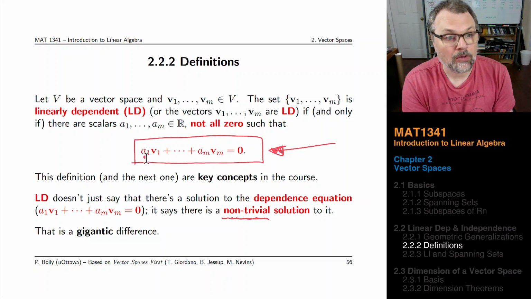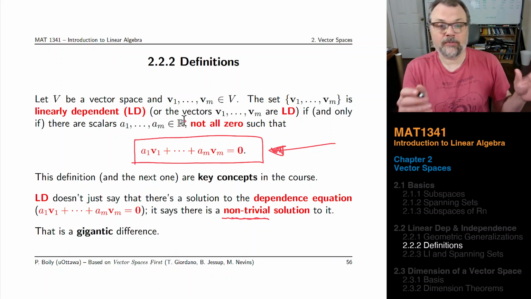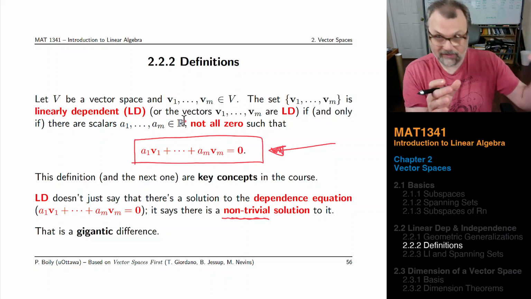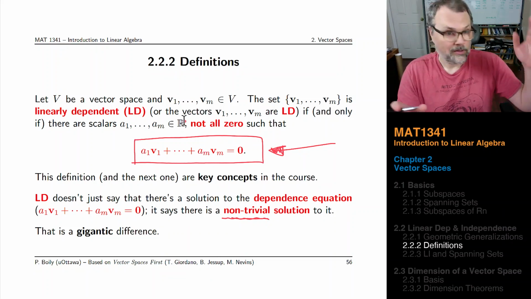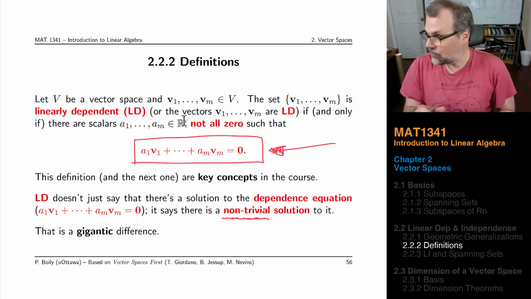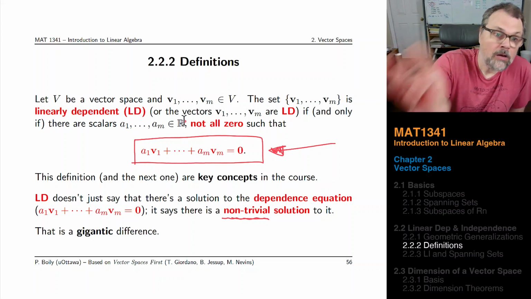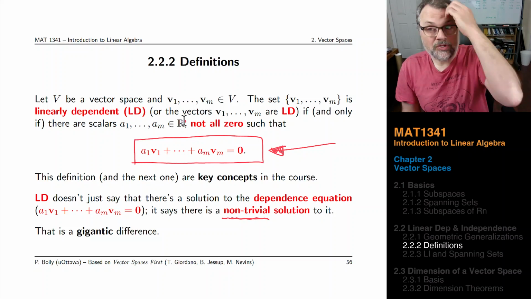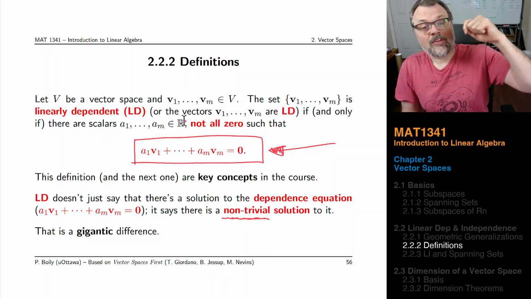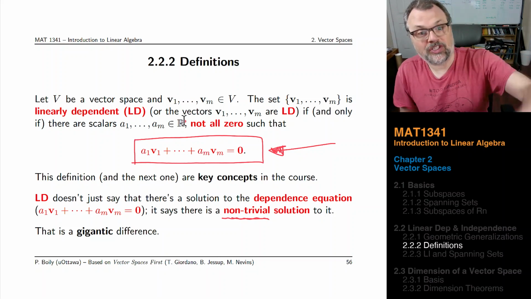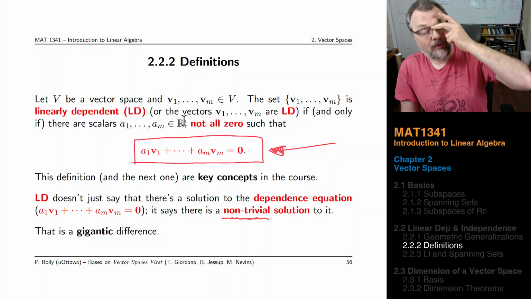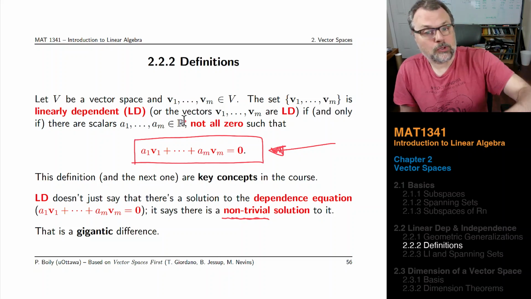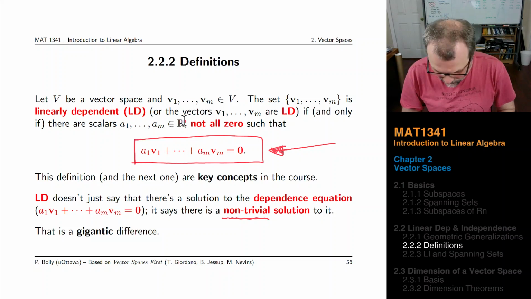If all of the scalars ai are 0, then the left-hand side is equal to 0. 0 times v1 plus 0 times v2 plus 0 times vm is automatically going to give you 0. What you're looking for is whether there is some other solution which isn't trivial, some other solution where at least one of the coefficients is different from 0.